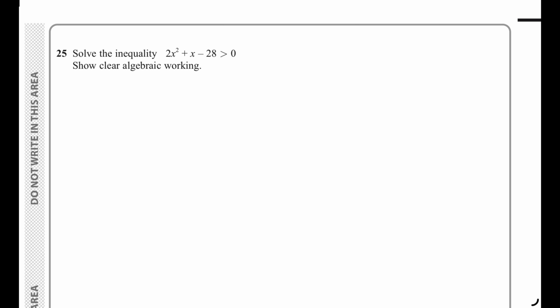Question 25. Solve the inequality 2x squared plus x minus 28 greater than 0. Show clear algebraic working. So we have 2x squared plus x minus 28 equals 0. So it can be factorized as (2x and x) here. And then I will put 4 here and 7 here.